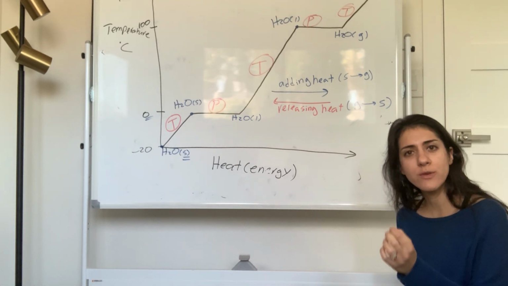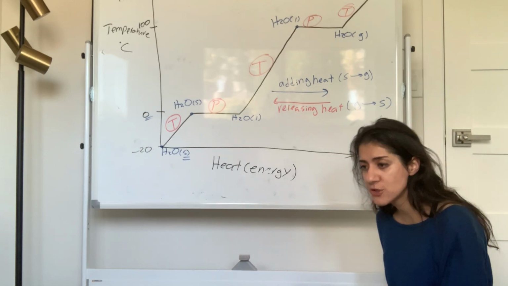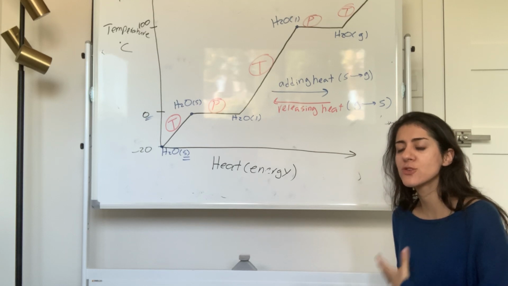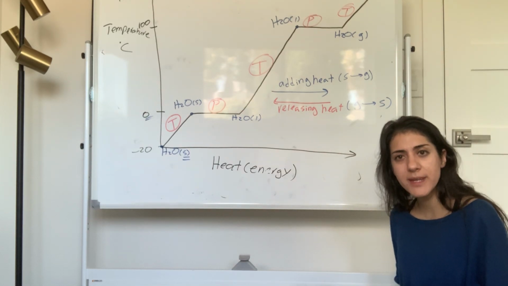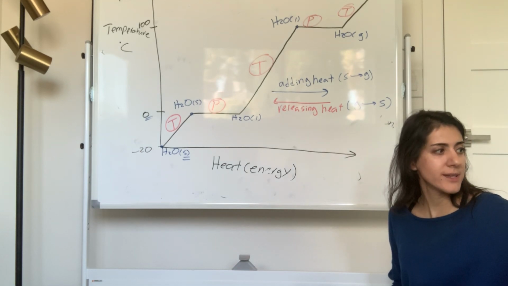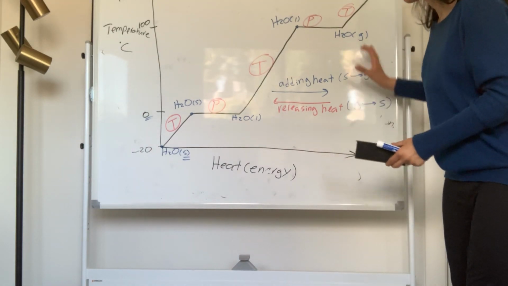Now, here's what you need to remember. You need energy to do phase change or temperature change. You need energy to do a P change or to do a T change. So now we are going to go over those equations for energy. Are we good with this?